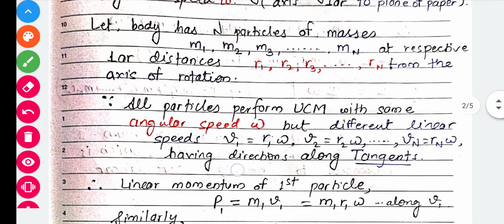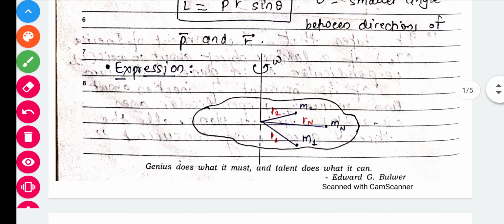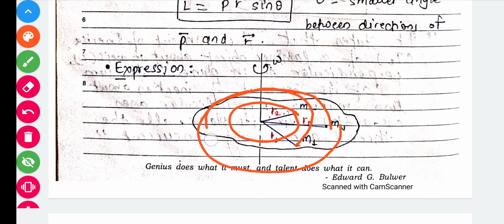Since every particle is at a different distance, or with a different position vector, if we draw a circle we get a different circle for each particle. That circle is considered as its circular path when the body is rotating.